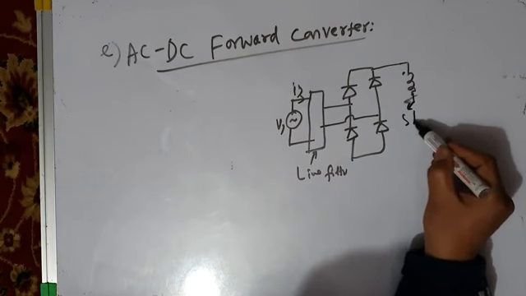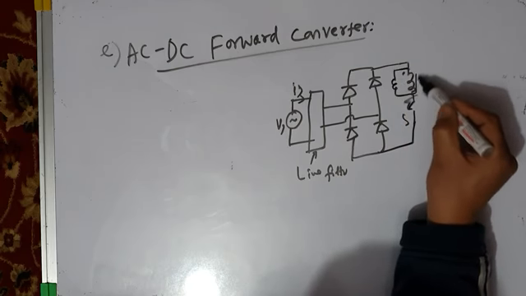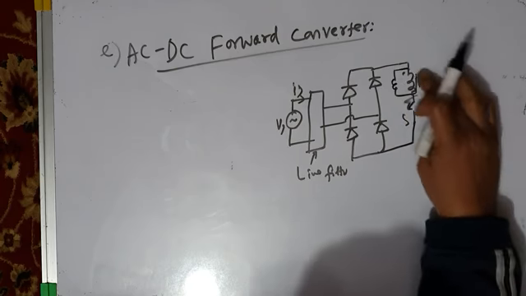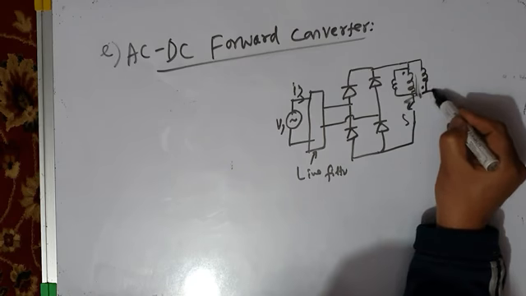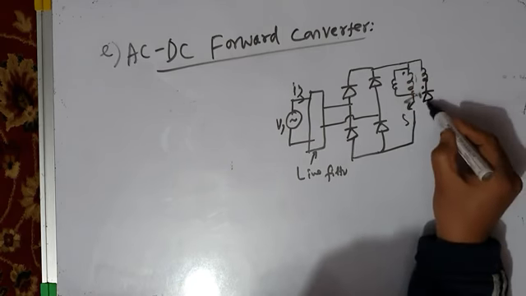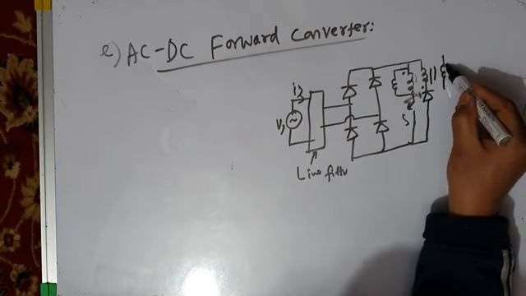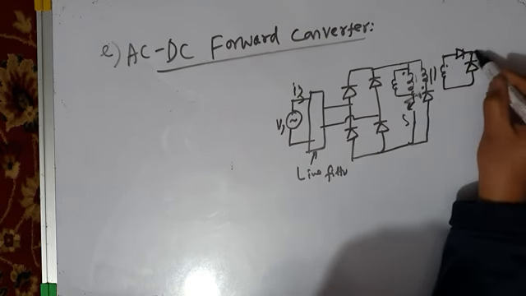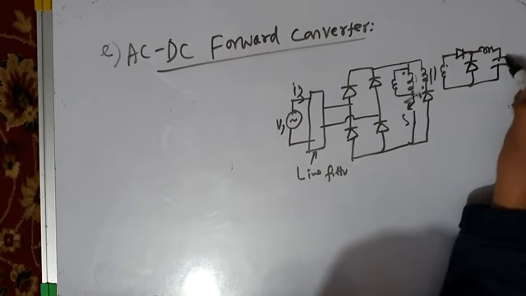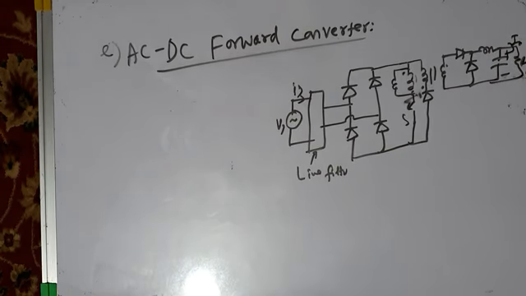This is the switch. And then this is the secondary winding. This is load voltage V0 plus minus, load current is I0.